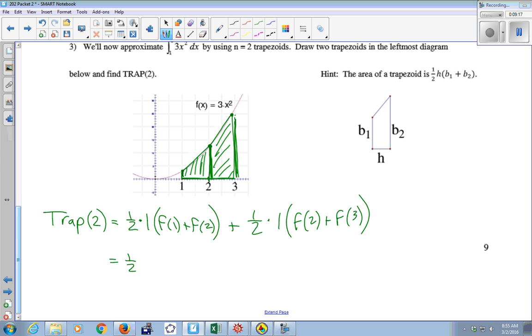So this is 1/2 times, f of 1 is 3, f of 2 is 12. Plus 1/2, and then f of 2 is 12, and f of 3 is 27.